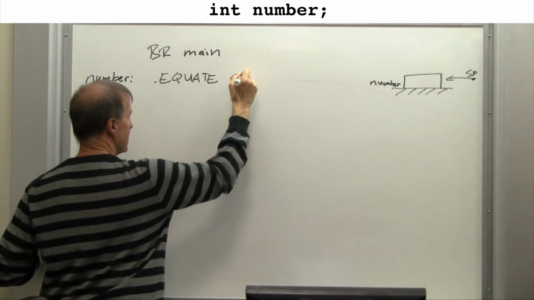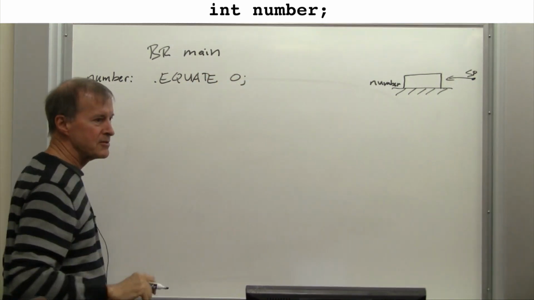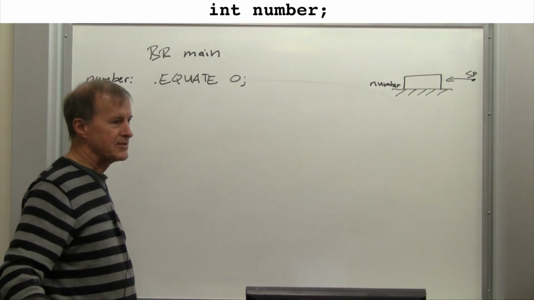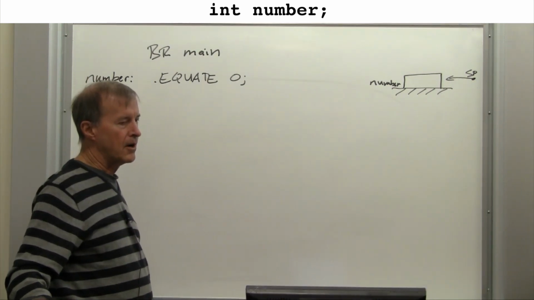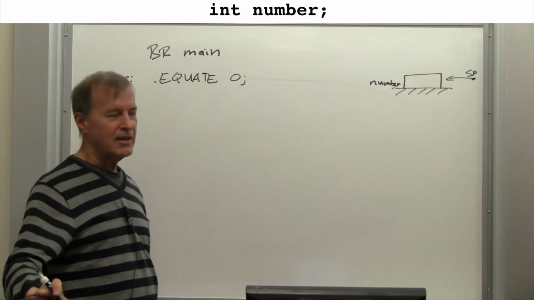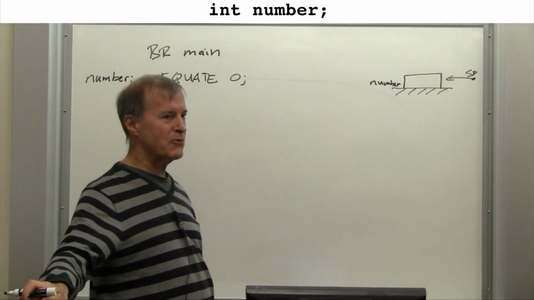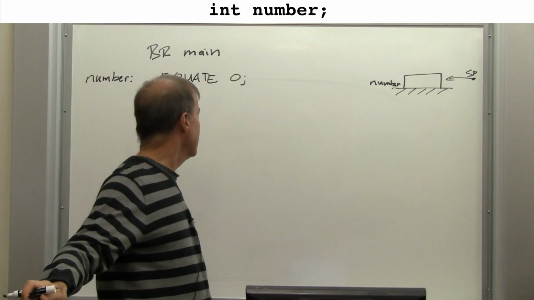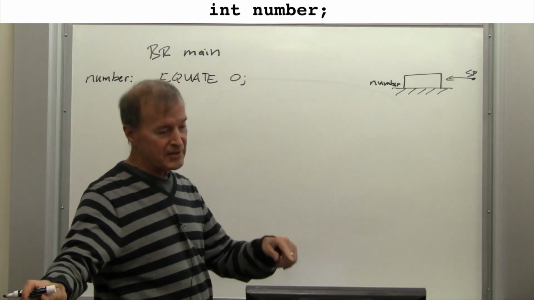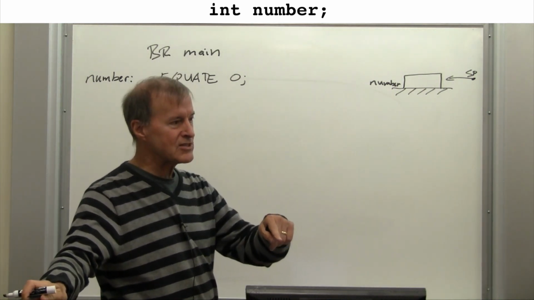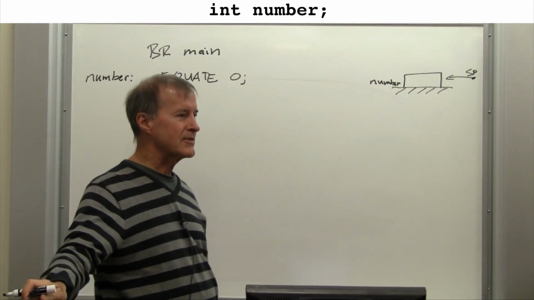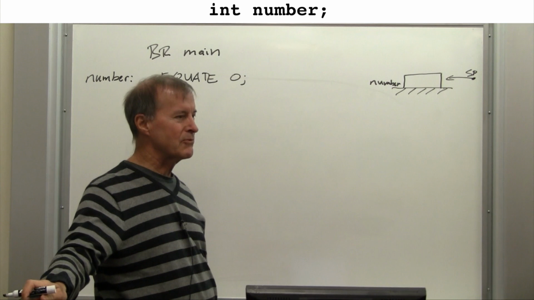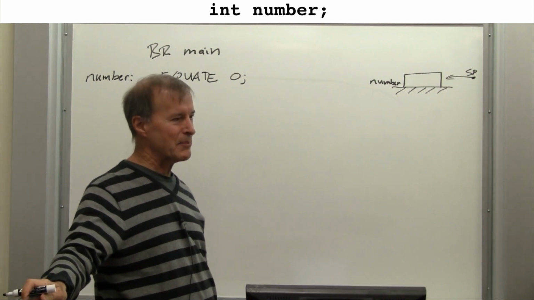Dot equate 0. Now, yeah, question? Can I ask a hypothetical question? Sure. What if it had said, was there be 2 steps? Oh yeah, that's a good question. The question is, what if the program had said int number gets 5? Now there are many features of C that, for simplicity, we are not going to cover how that happens, and that's one of them.